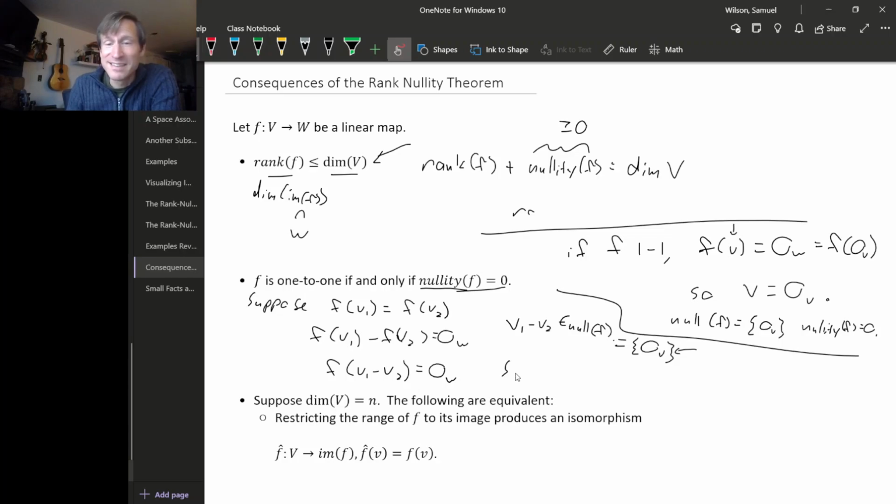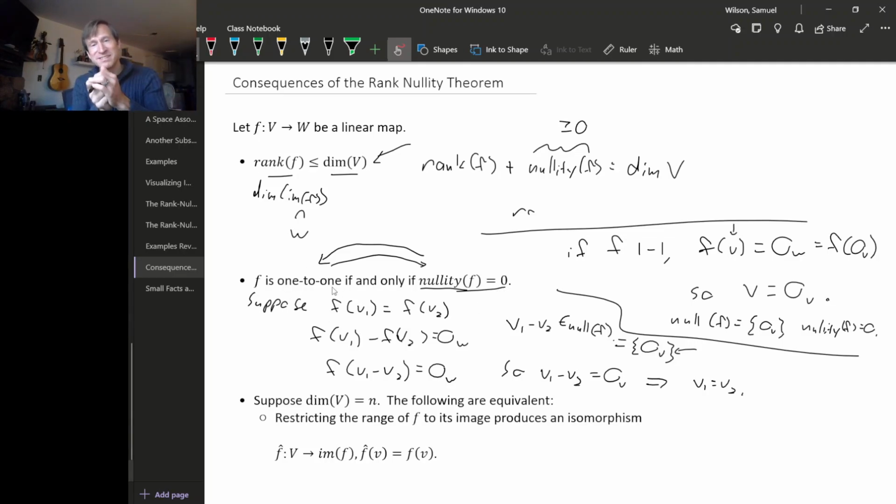That means that v1 minus v2 is equal to the 0 vector, and of course that means that v1 is equal to v2. All right, so we've shown that if F is 1-to-1, the nullity is 0, and if the nullity is 0, then F is 1-to-1. So the dimension of the null space was really capturing how much you collapse down to 0, and if the dimension of the stuff you collapse down to 0 is 0, then you don't do any collapsing. That means it's 1-to-1.